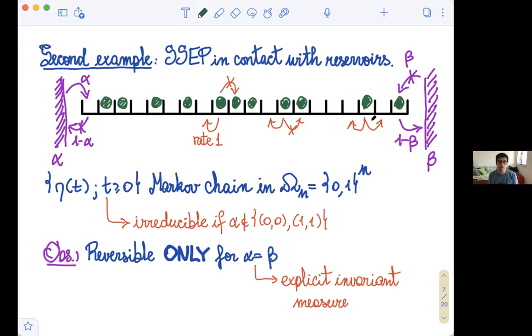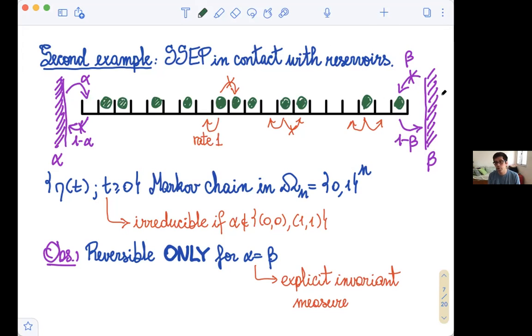You imagine that you have two reservoirs, one with density alpha and the other with density beta. These two numbers, alpha and beta, are between 0 and 1. Whenever the first site is empty, a new particle can enter, and that happens with rate alpha. If there is already a particle there, it leaves the system to the reservoir with rate 1 minus alpha.